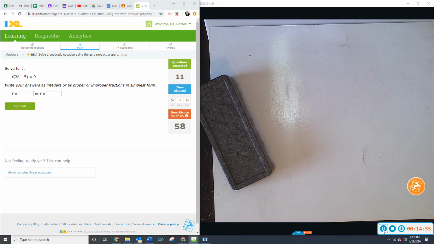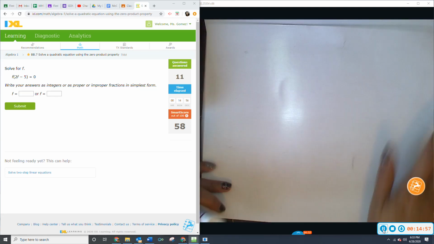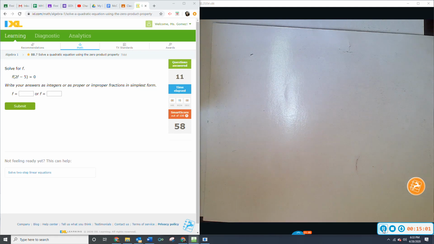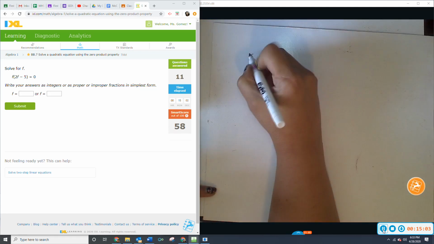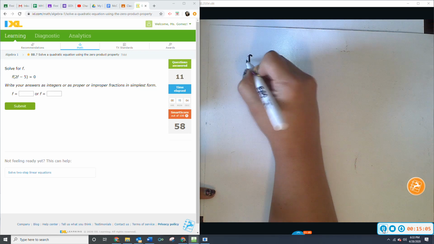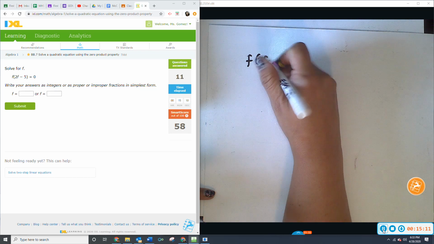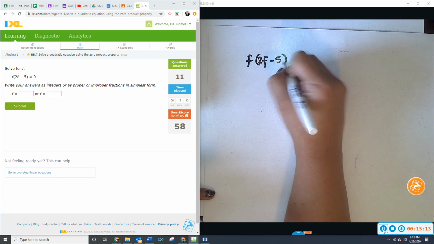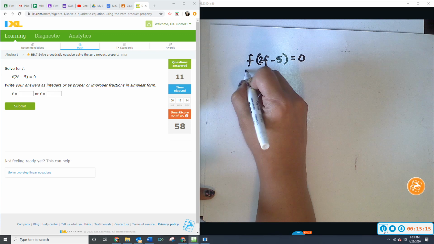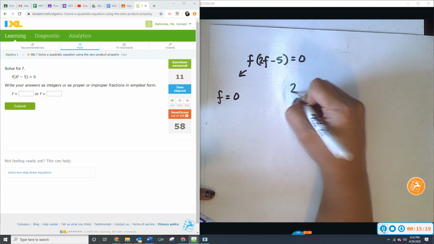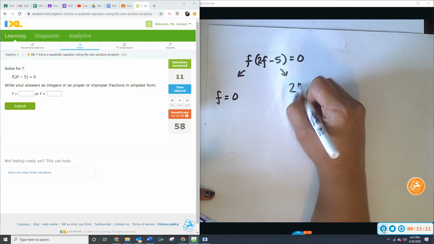Okay, this one isn't harder, but it's just a little different, so I thought I'd go over it. Here I have f times 2f minus 5 is equal to 0. So, of course, I could say f is equal to 0. Now here, I have 2f minus 5 is equal to 0.